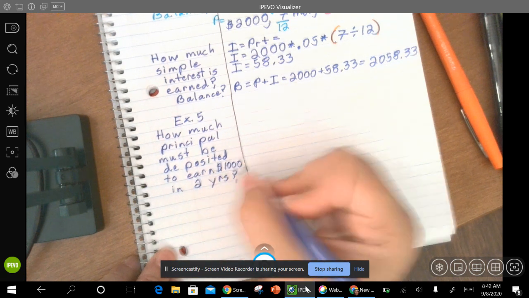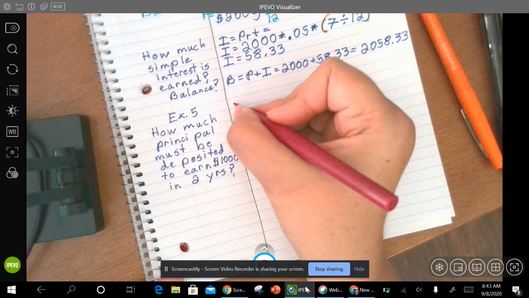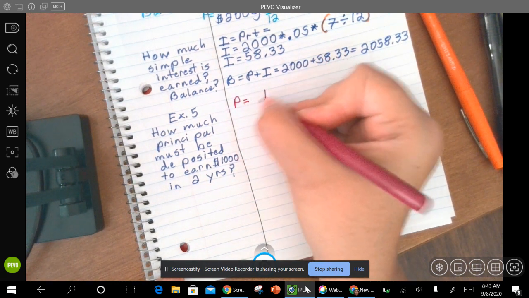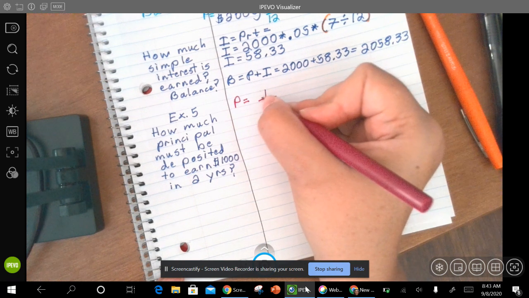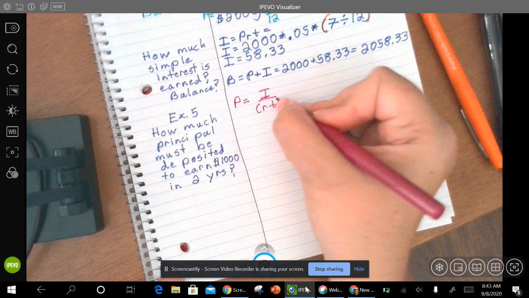All right, so we're going to use our principal formula. Remember from our last page of notes, principal is equal to the interest divided by the rate times time.